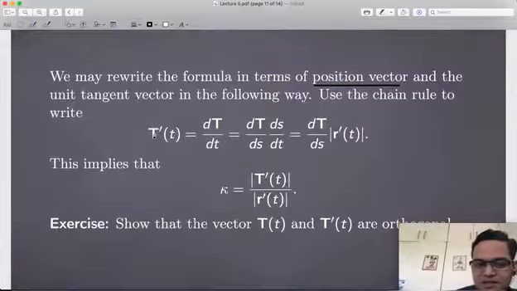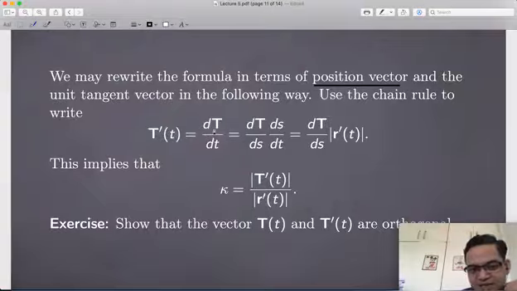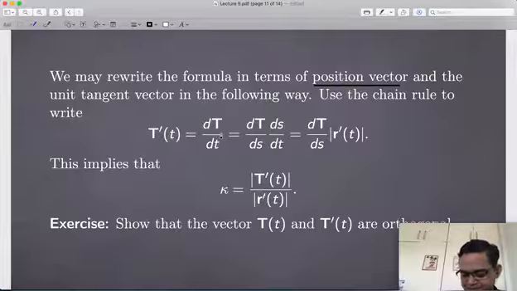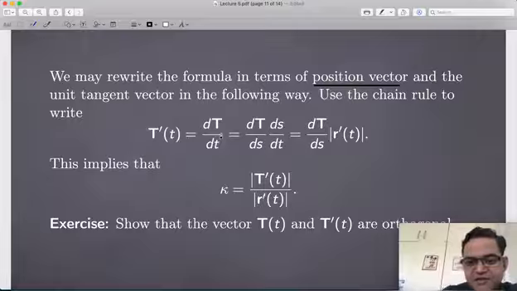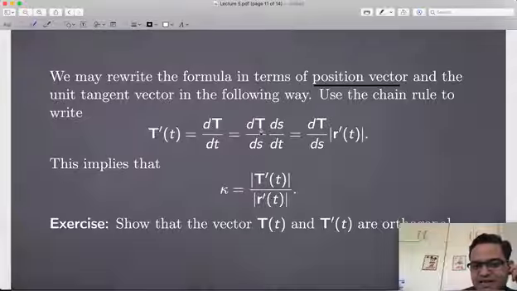So just look at the derivative of the unit tangent vector, which is nothing but dT by dt. This is the vector. Now you use one of the properties of derivatives, namely the chain rule. So I can write this dT by dt as dT over ds and then ds over dt.